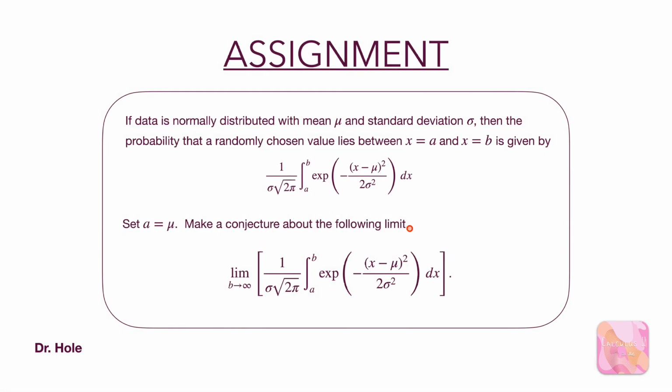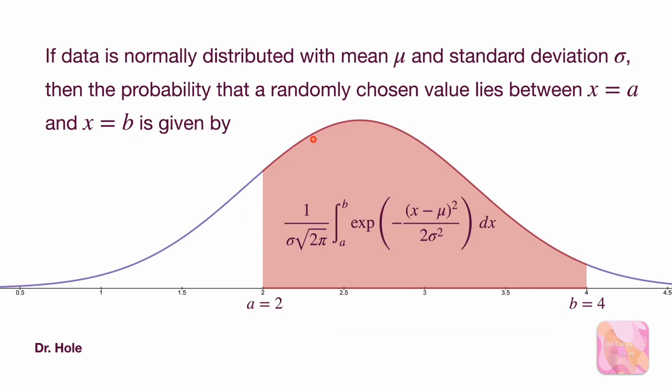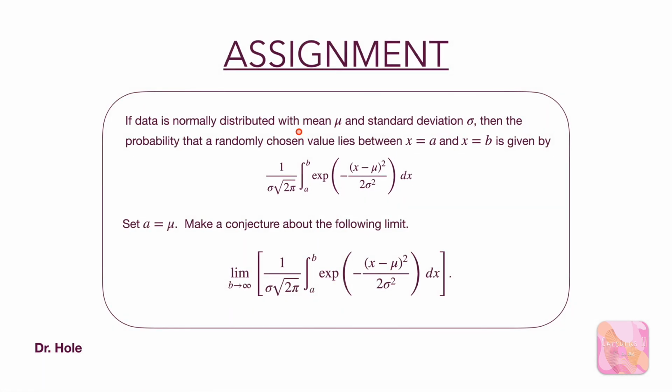Suppose we take a to be the average value, mu, and then we let b go out to infinity. Come back to this curve. If we take a to be the average value, that would be here, and then we let b tend out to infinity, then what would this value be? The hint is that this needs to be a probability.